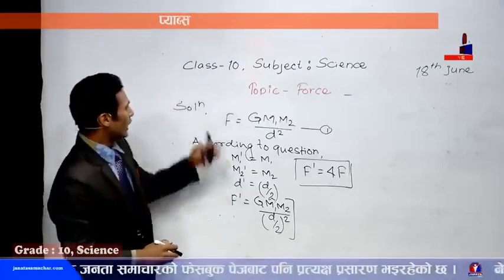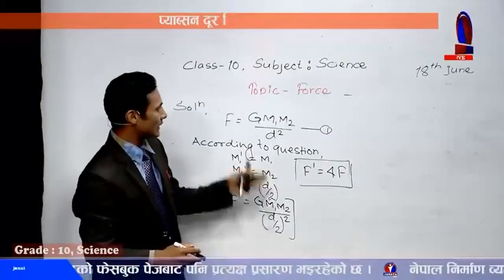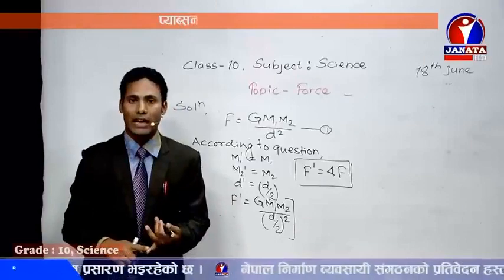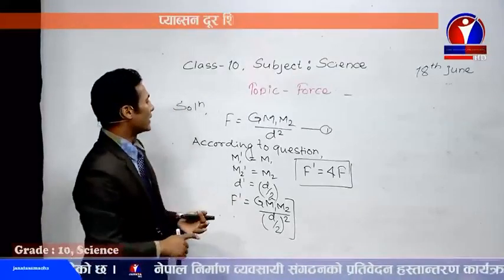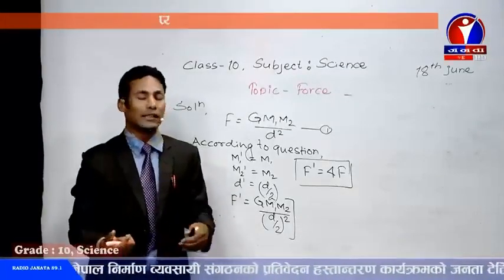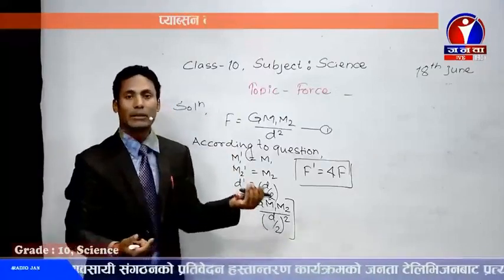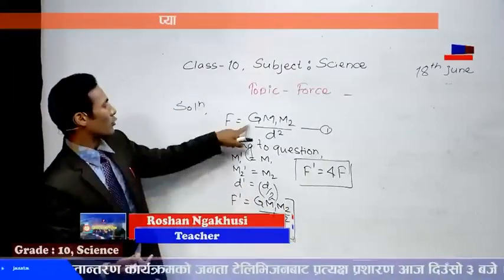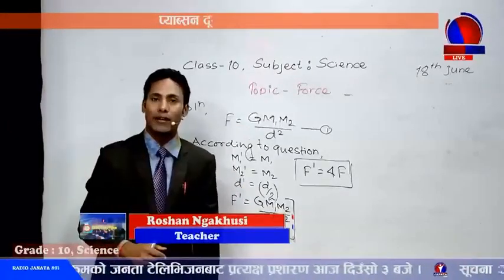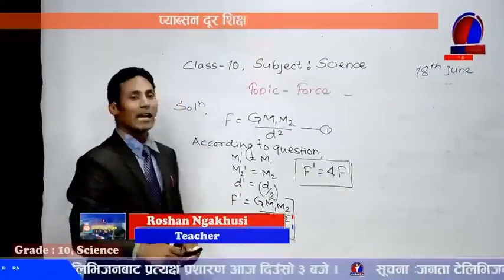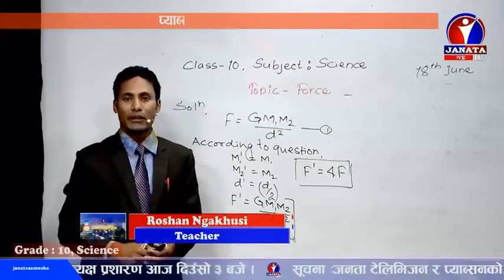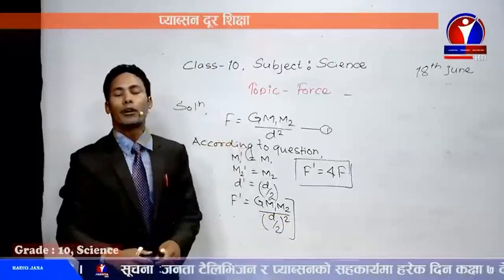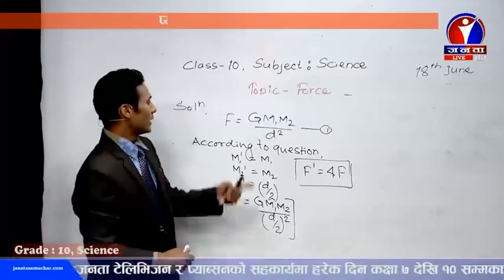Okay, so today we have discussed the gravitational force, and we have derived the mathematical relation for the gravitational force, that is F equals G m1 m2 by d square. We have also derived the variations of gravitational force with the product of masses and the distance.